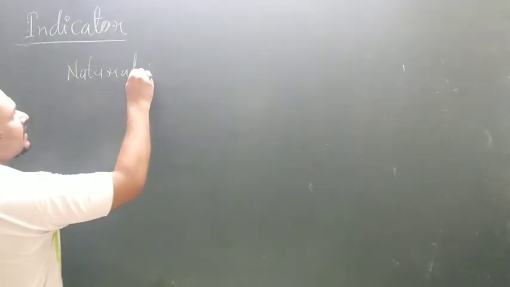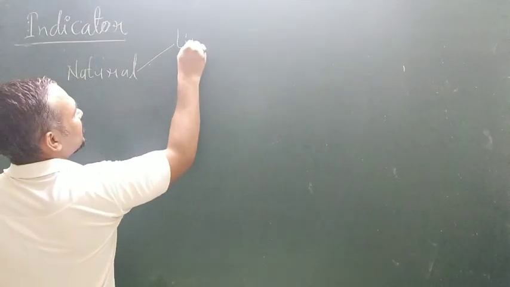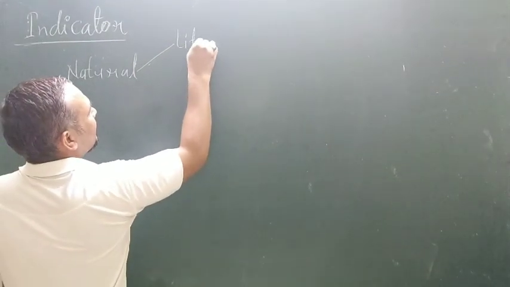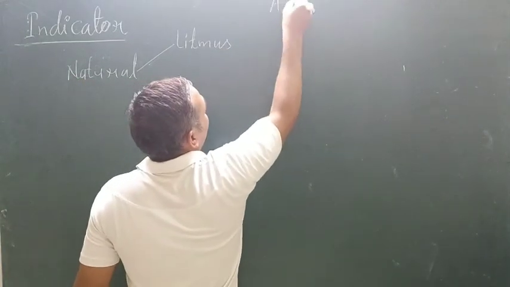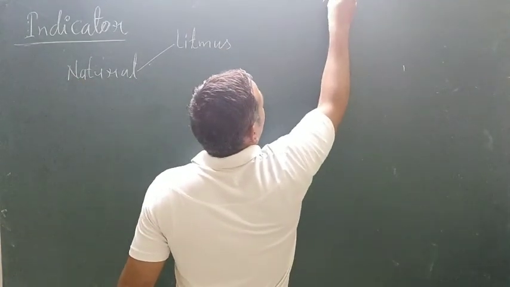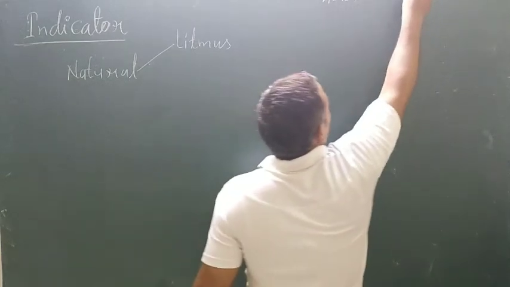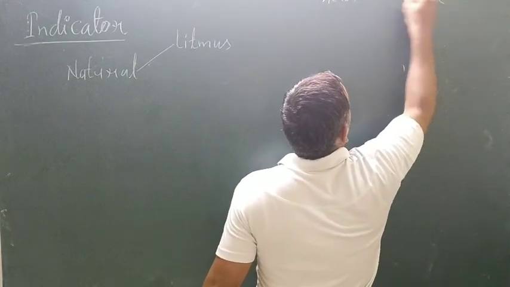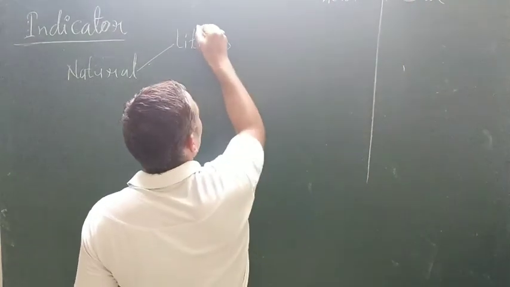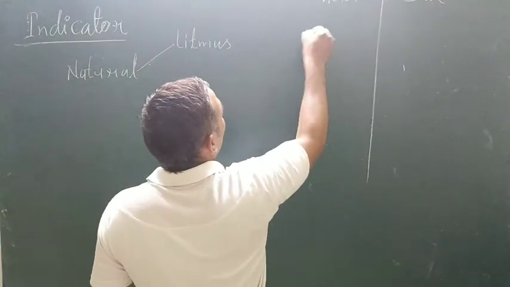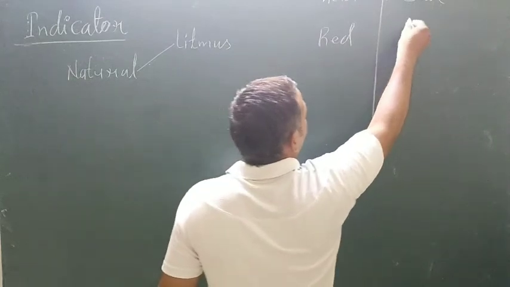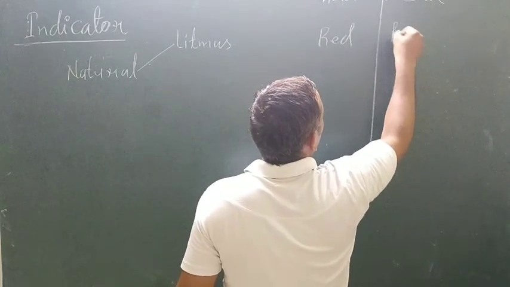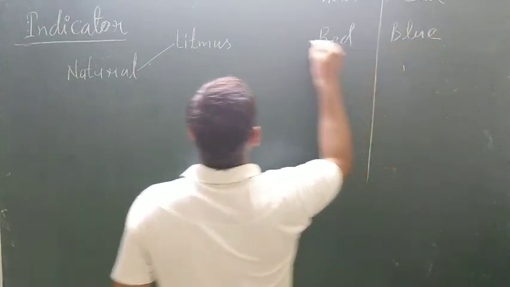Natural indicator like litmus. Here if we look into acid, and there if we write base, right? Acid turns blue into red and bases turn red into blue.